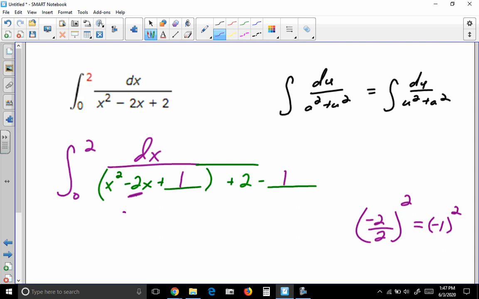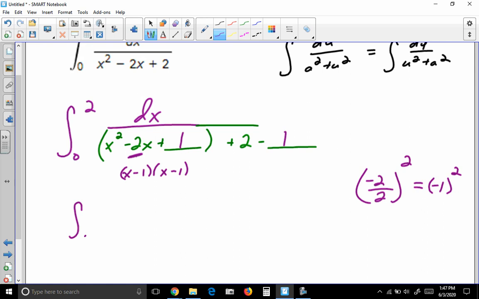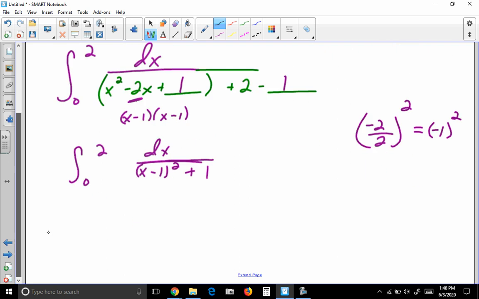This trinomial factors to x minus 1 times x minus 1. We can express this as the integral of dx over x minus 1 squared plus 1. So we have a variable part that can be written as a square, and we have a constant part that can be written as a square.